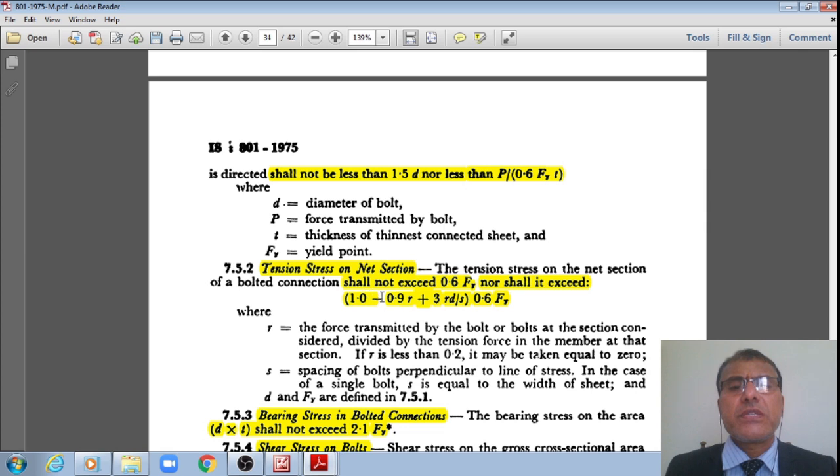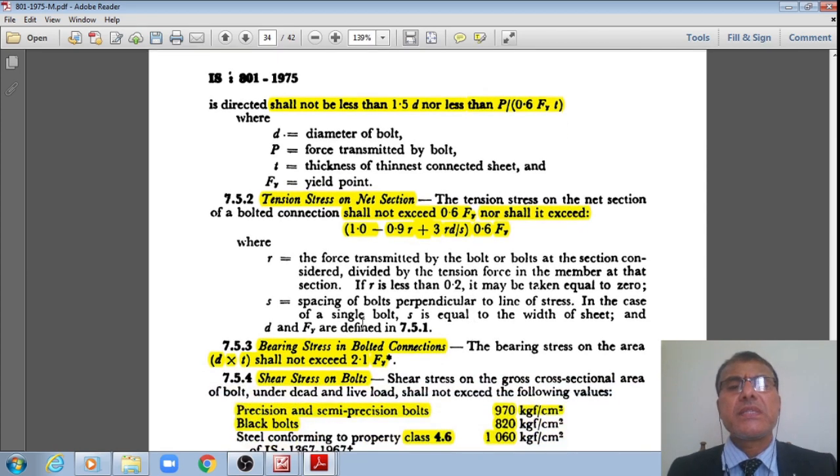Then it on the net section shall not exceed 0.6 Fy nor exceed this value given by 1 minus 0.9 R plus 3 RD divided by S multiplied by 0.6 Fy, where R is the force transmitted by the bolt or bolts at section considered.